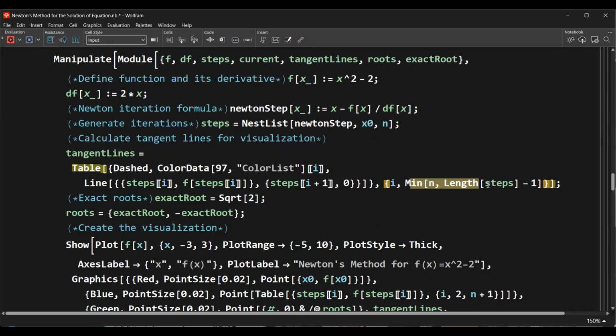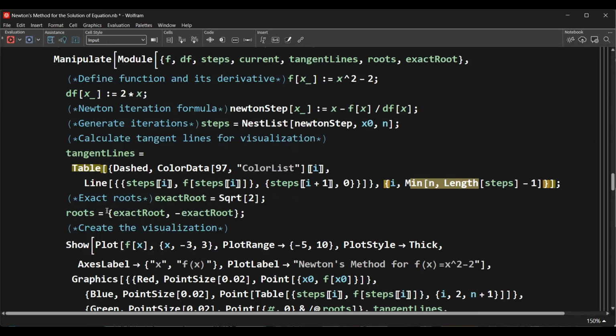So it depends upon up to what value of the steps we use. Then we have to subtract 1 here to avoid using all the values in the steps. Then we have the exact root here. The exact root is equal to the square root of 2.